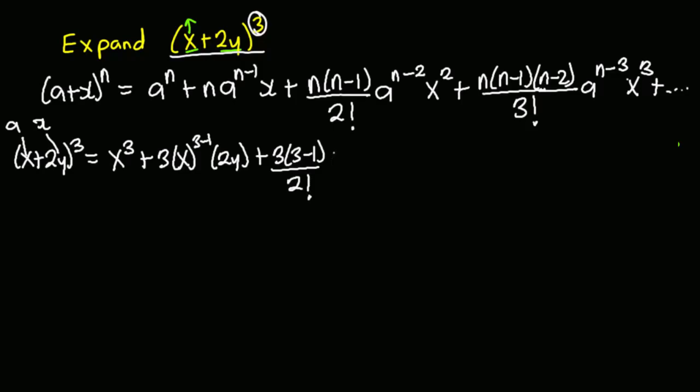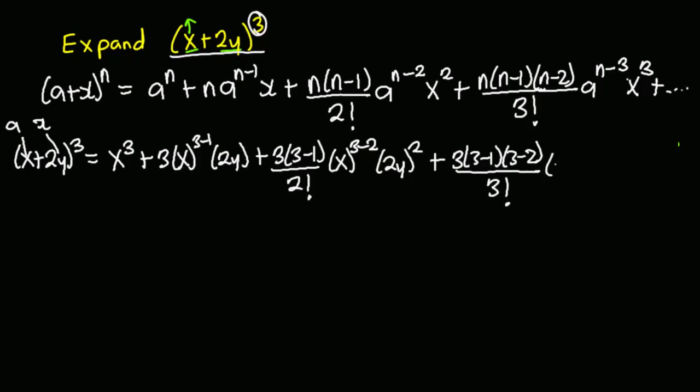Then we have x exponent 3 minus 2, then 2y squared, plus 3 into bracket 3 minus 1, 3 minus 2 all divided by 3 factorial. Then x will be 3 minus 3, then we have 2y exponent 3.